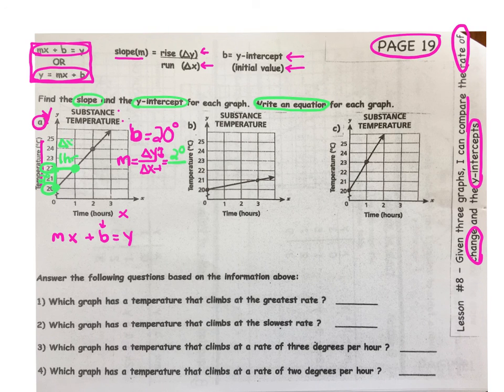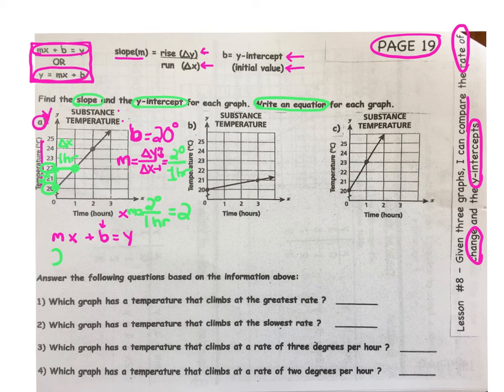That is our delta x per 1 hour. So 2 degrees per every 1 hour, if we divide, our m value, our slope, is 2.